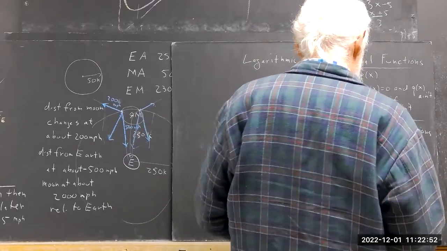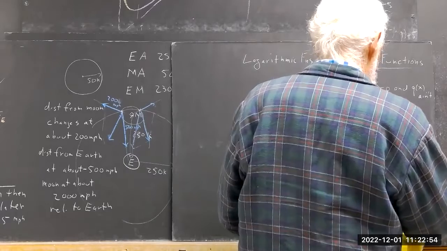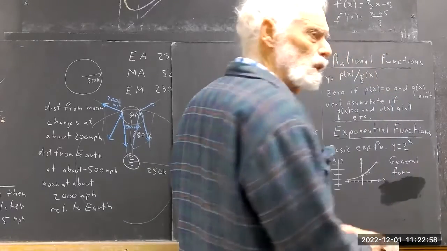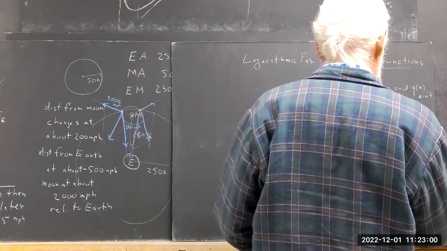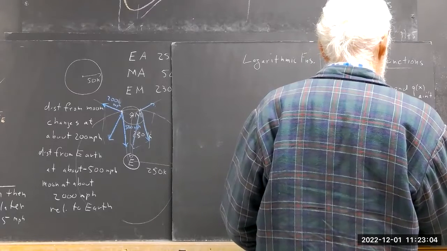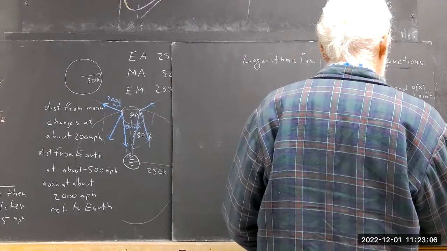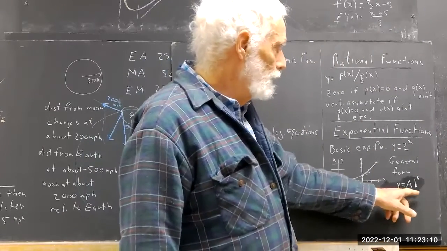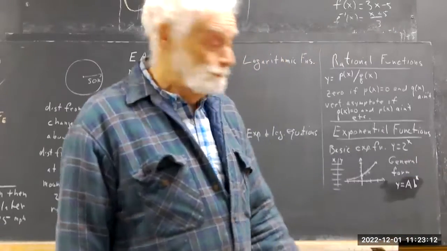So can I get a little further along before I write something down carelessly? Try to focus my attention a little better. Okay. y equals a b to the x.